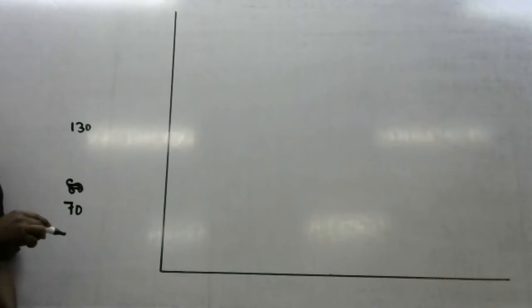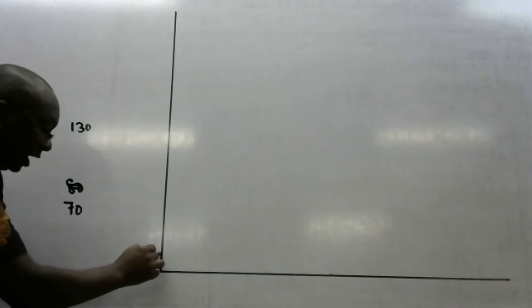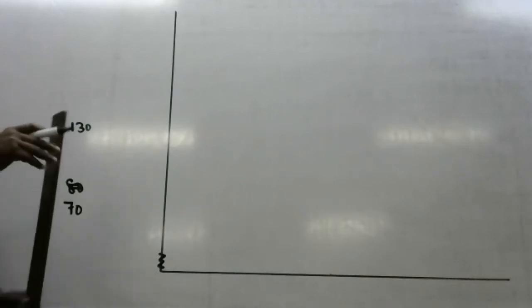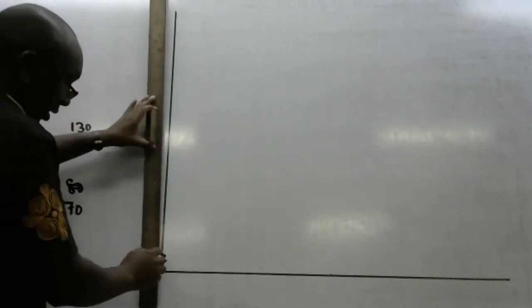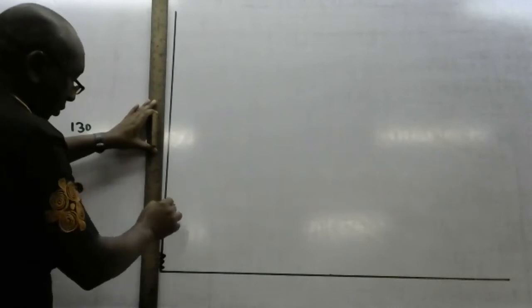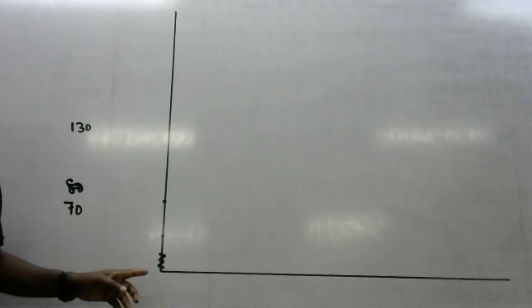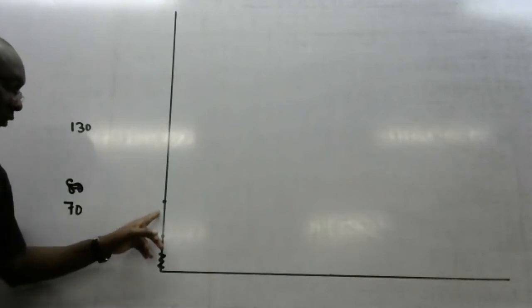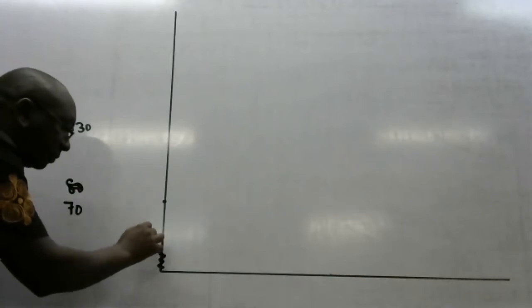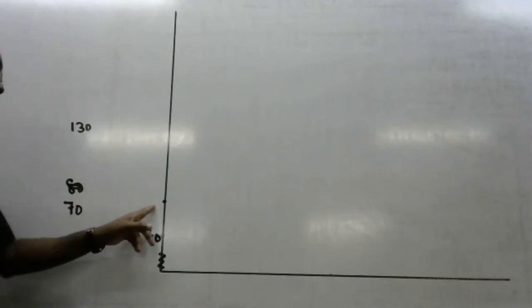And when you are not beginning from 0, or the spaces are different, we say you should break the scale. So we usually draw something like that. Drawing that means the scale is broken. As in, this space, if I put it like this, practically this space from here to here is the same as here, but this will stand for 70, while this does not stand for 70.